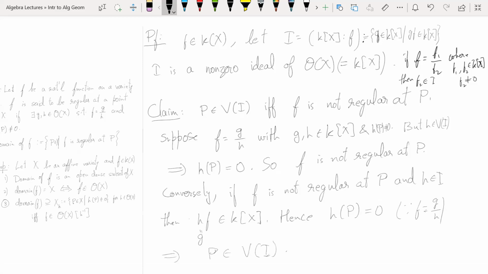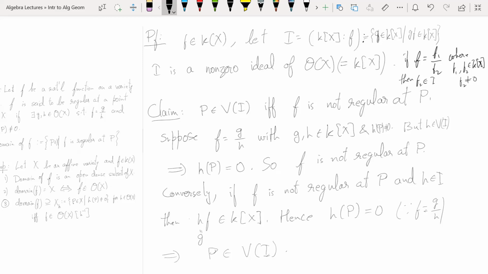So now if we prove this claim that P belongs to V(I) if and only if f is not regular at P, then the domain of f is the complement of V(I). So V(I) is a proper closed subset of X, so its complement is open. Since I is a non-zero ideal, V(I) is a proper closed subset. As soon as you take some non-zero ideal, you get some proper closed subset, since we are over a variety.